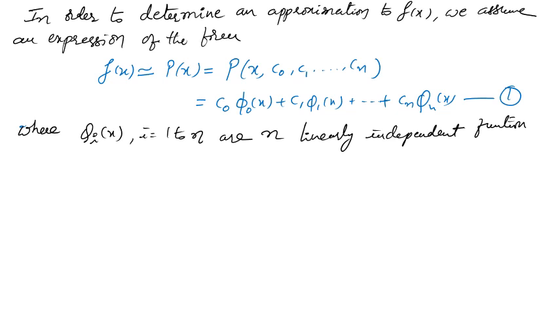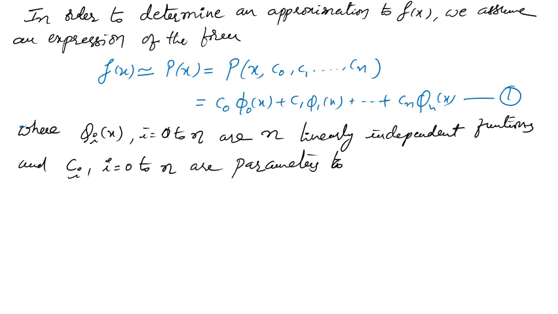We have to choose these functions, linearly independent functions, and Ci, i equal to 0 to n, are arbitrary parameters to be determined. We have to find these constants. Then the approximate polynomial p of x will be determined.